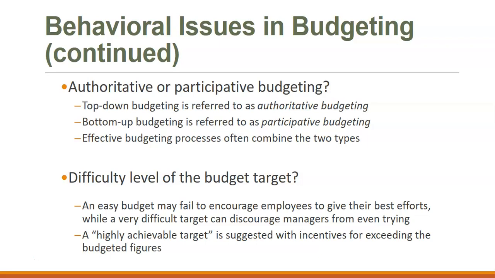So you want to try to find an achievable target in order to incentivize employees and managers to hit or exceed the budgeted figures. You also don't want to create goals so high that we encourage managers and employees to commit fraud in order to hit targets.